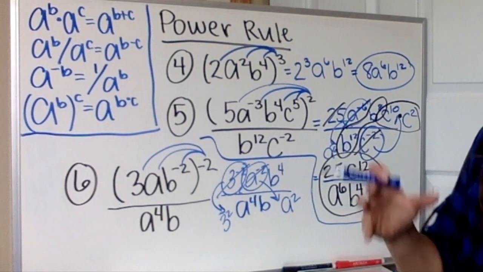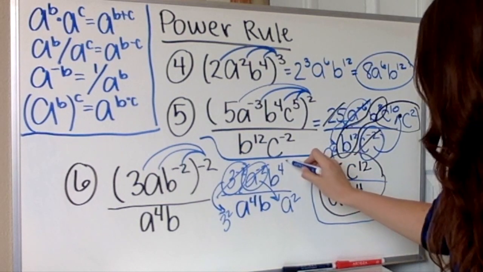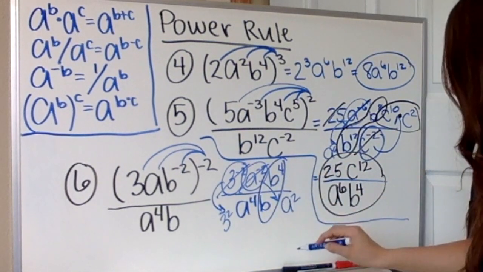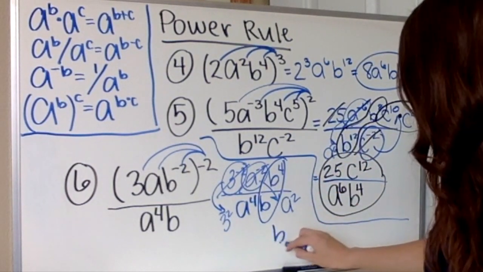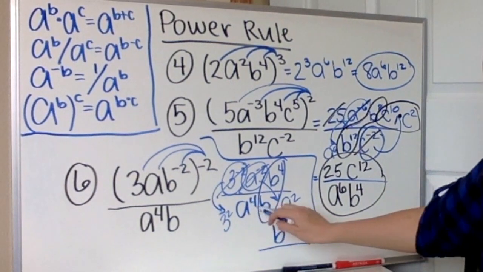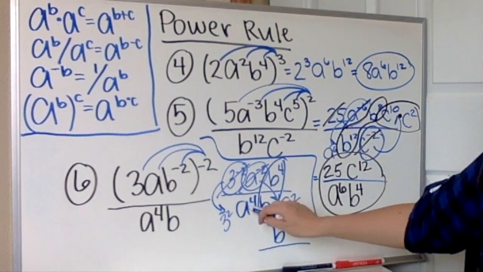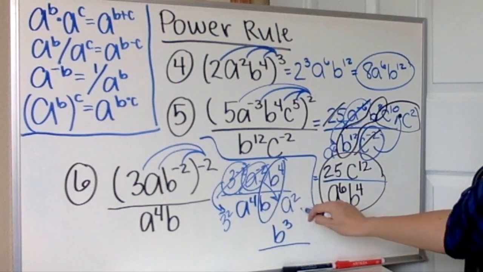All right, last step, I can combine. Let's see, we have b's. We have 4 b's on top and we have 1 on bottom. So if we subtract, we'd have 3 left on top. Notice my a's are together on bottom, so we're going to use our product rule because they're together, so we're multiplying.